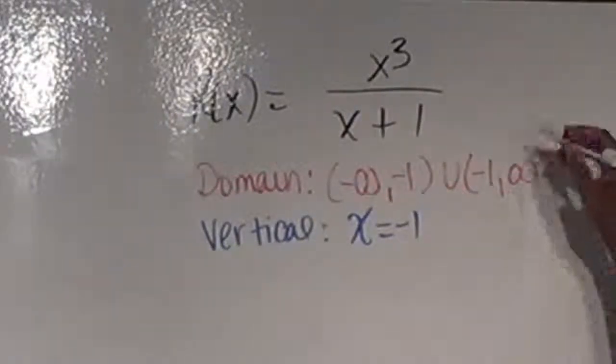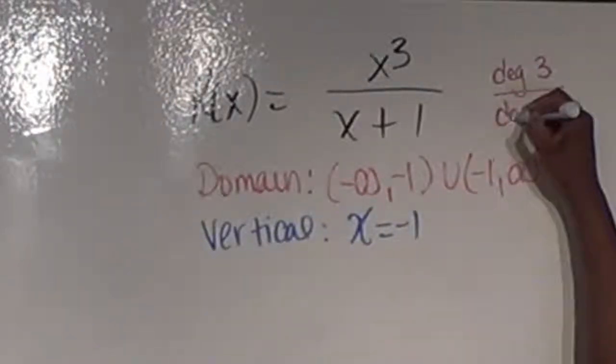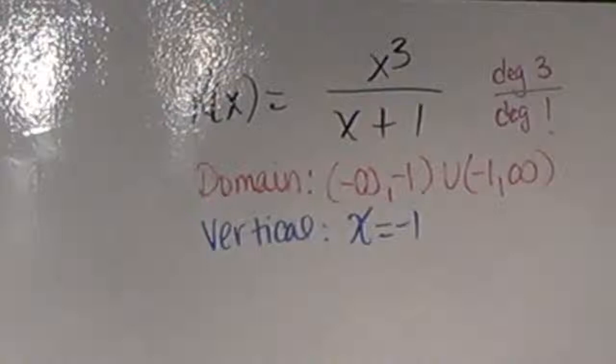If we look at the degrees, the degree on the top is 3 and the degree on the bottom is 1. So just like in the last example, my polynomial on top is growing a lot faster than the polynomial on the bottom.